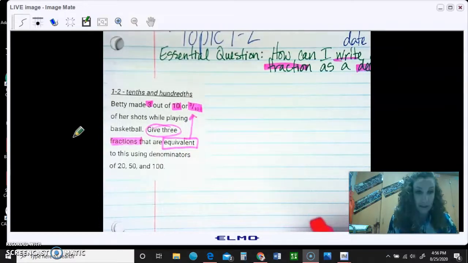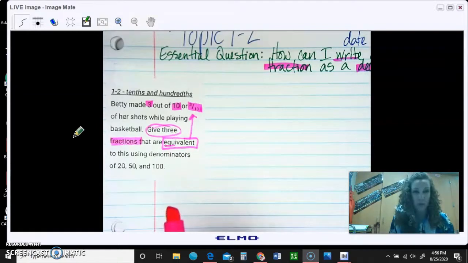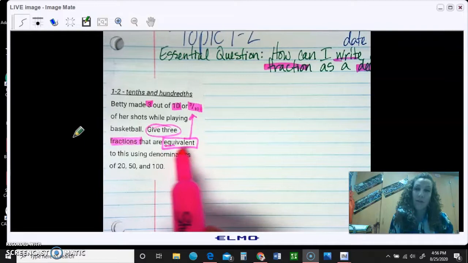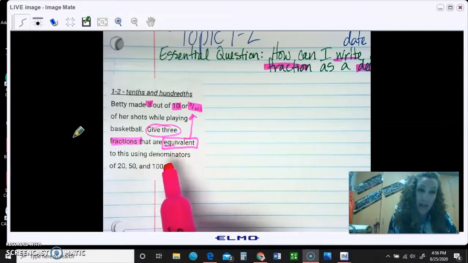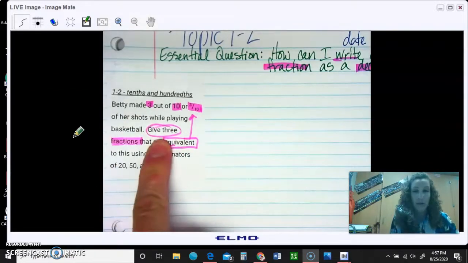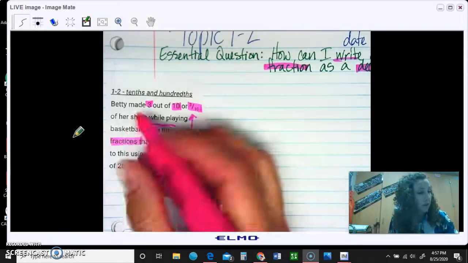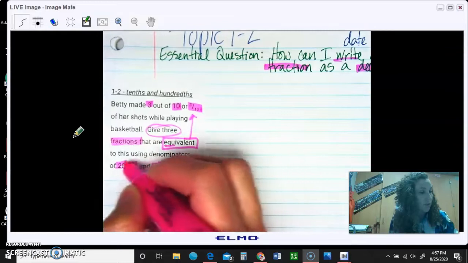Hey, equivalent. We talked about that. Equa, right? Equal, same as. Okay, and look at that. There's another vocabulary word, denominator. If you don't remember, go back and look at your vocabulary. Okay, so our denominators of these 3 fractions we need to give, 20, 50, 100. Kind of important. Highlight those puppies right there.